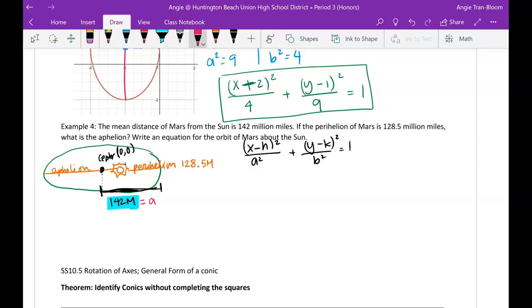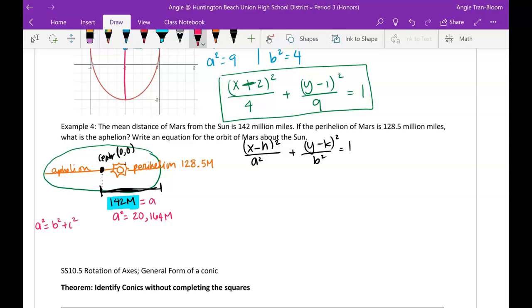I'm going to assume this is all in millions of miles. Squaring a gives 20,164 million miles, so that's a squared. Now I need to find b to write the equation. I'll go back to the relationship: a squared equals b squared plus c squared.